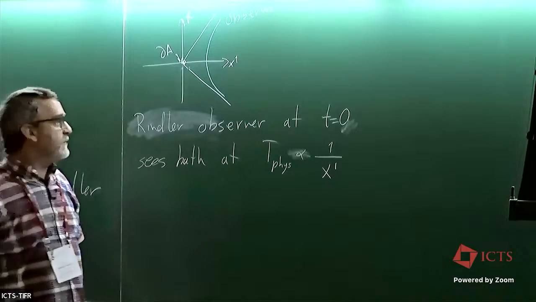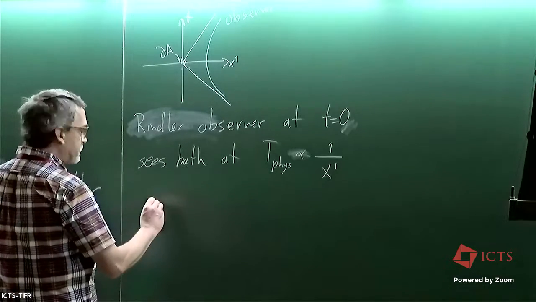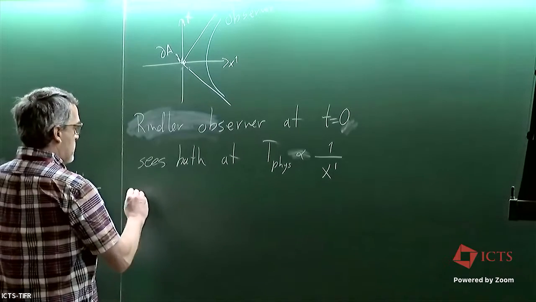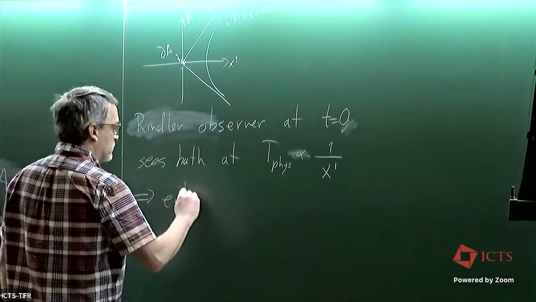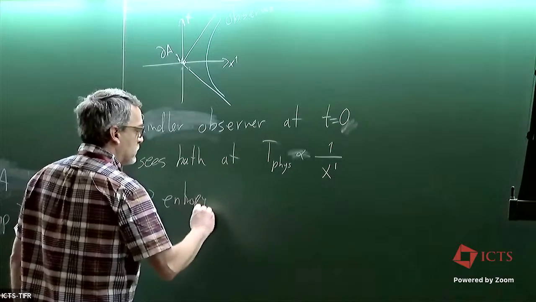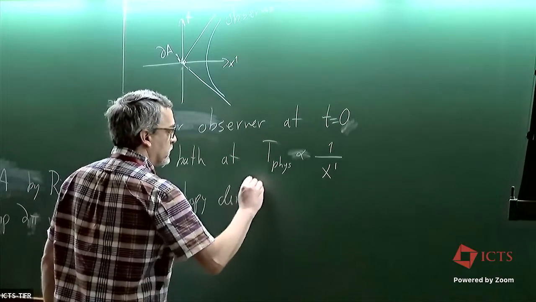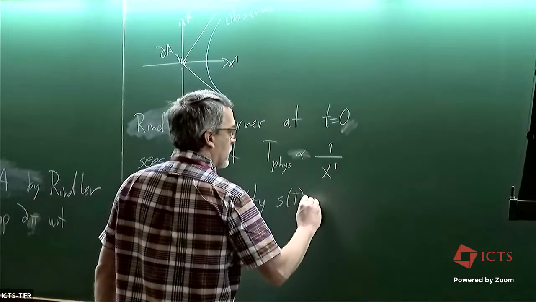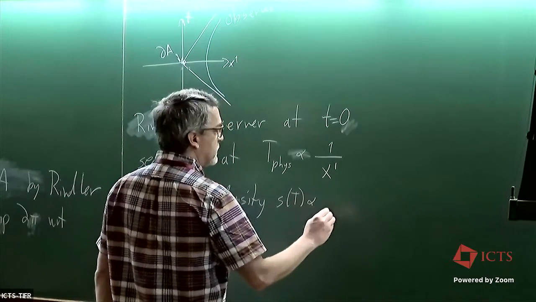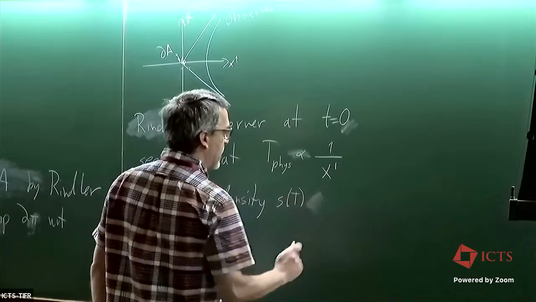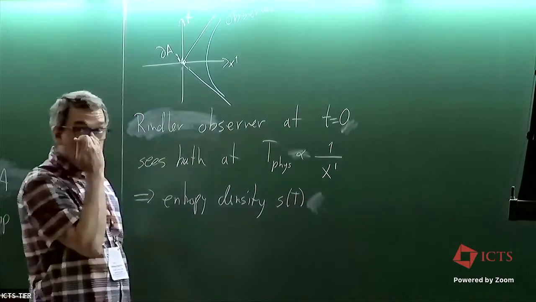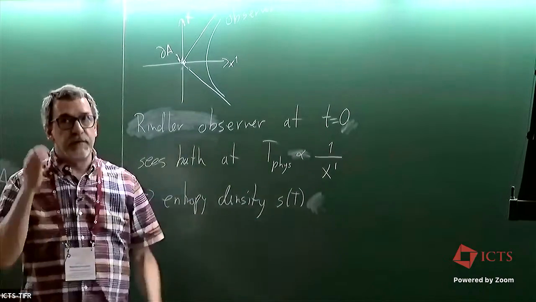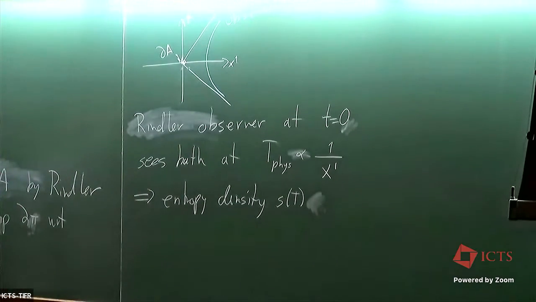So what we're going to get for the entropy density is just, well, you're going to get some entropy density, which depends on the theory, right? There's some equation of state that determines the entropy density as a function of the temperature, okay?